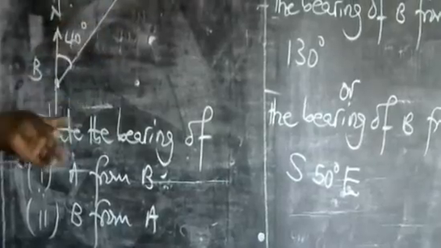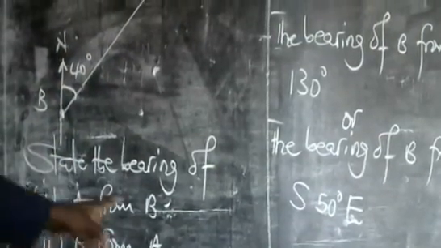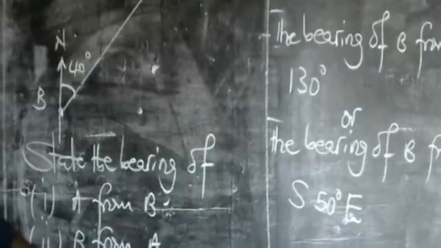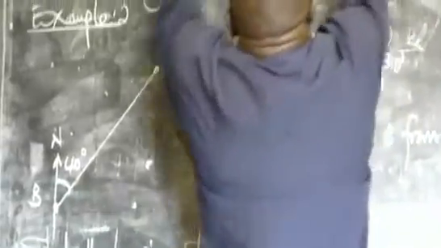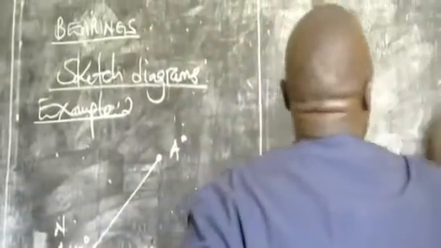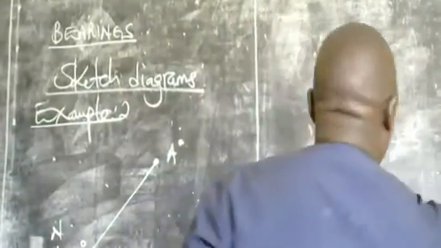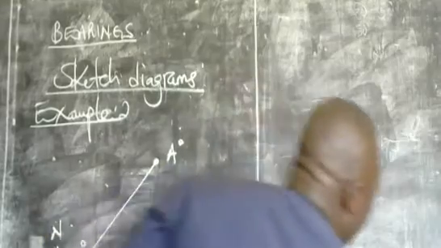With the diagram given, state the bearing of A from B. Then number 2, the bearing of B from A.